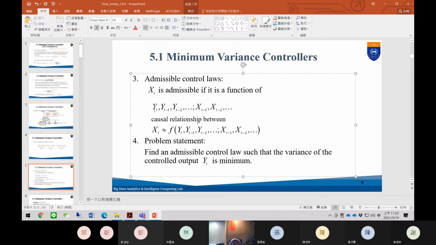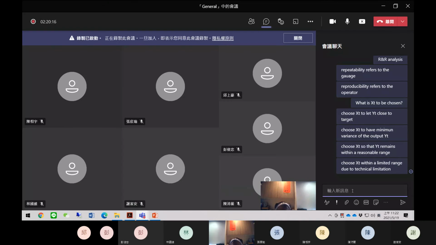So the causal relationship between X and f of X can be represented, and the control mechanism could be a function of YT and XT. The problem is we would like to find an admissible control law such that the variance of the control output is minimum. So we try to minimize the variance of YT.